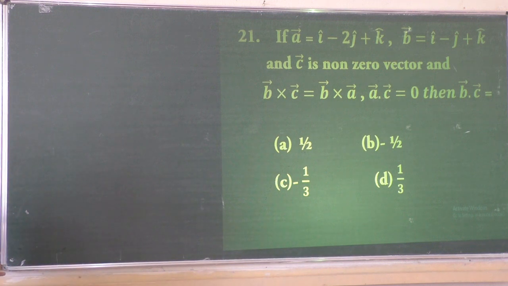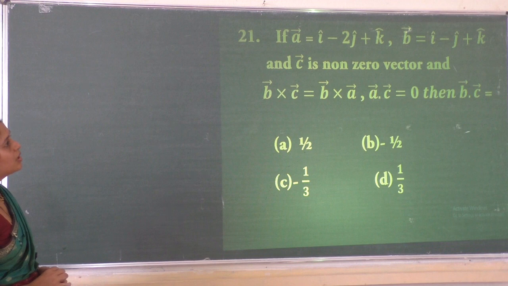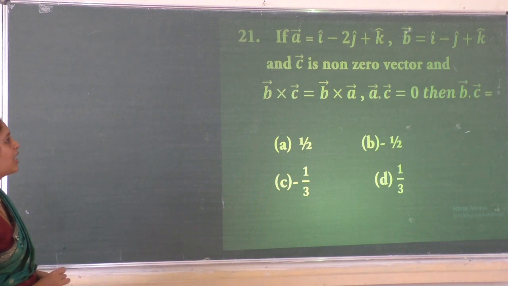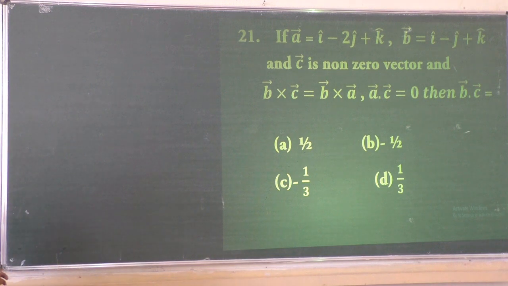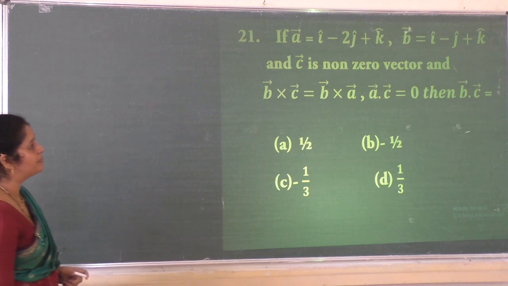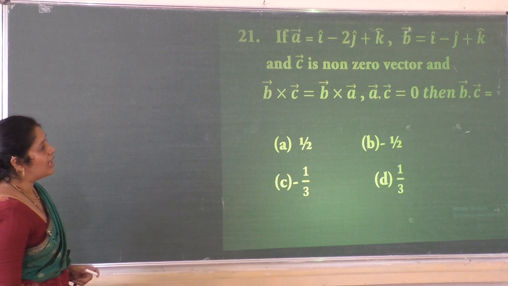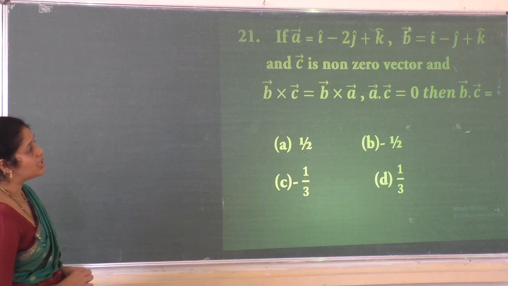Vector B is given, but vector C is not given. We have only one condition, that vector B cross vector C is equal to vector B cross vector A, and vector A dot vector C is 0.